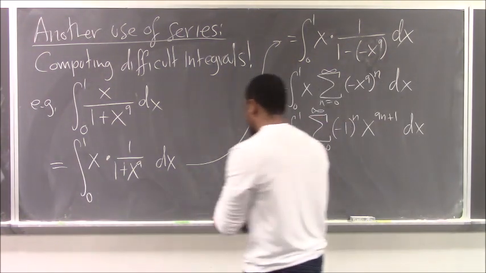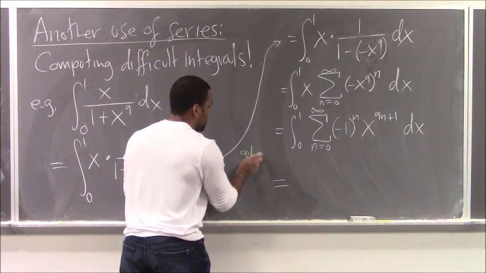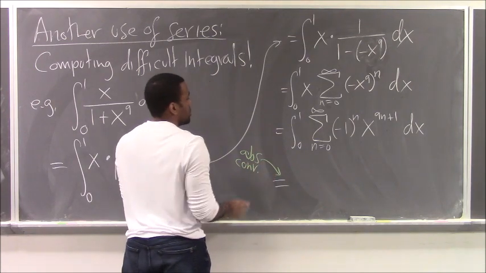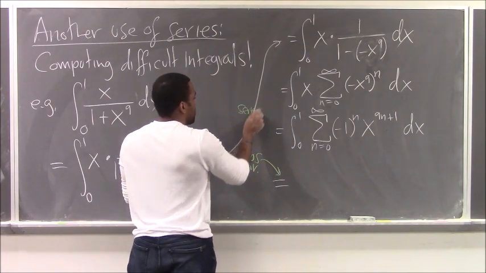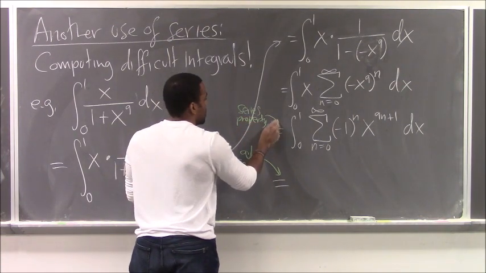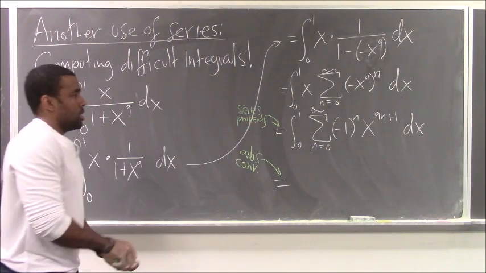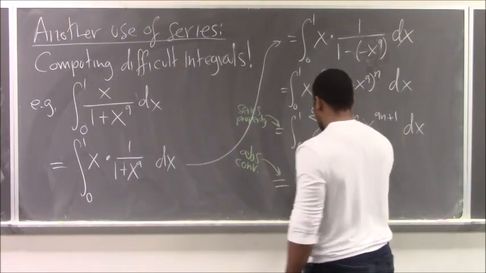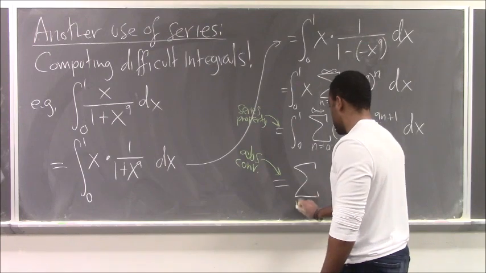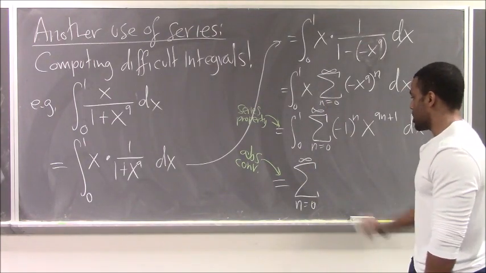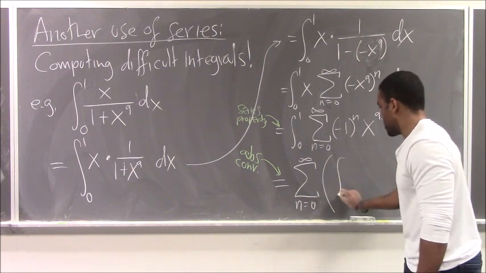Then, again, because of absolute convergence, this is really a series property here. I can move the x inside. Then by absolute convergence, I can switch the summation and the integral. The integral of the sum is going to be the sum of the integrals.